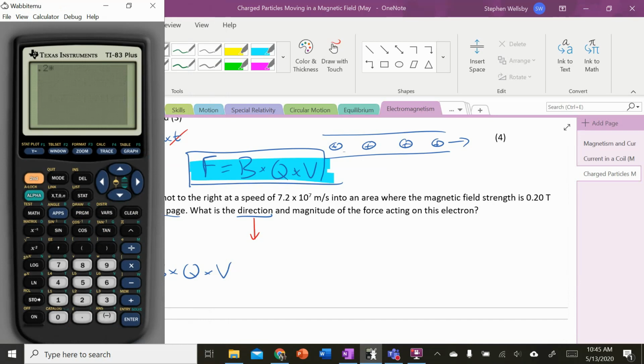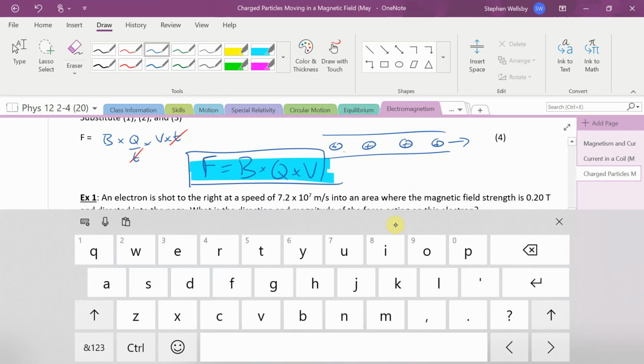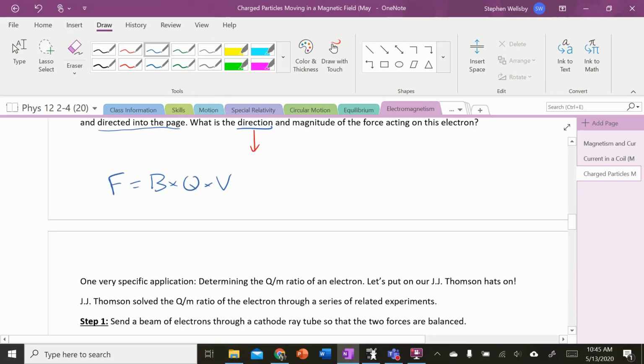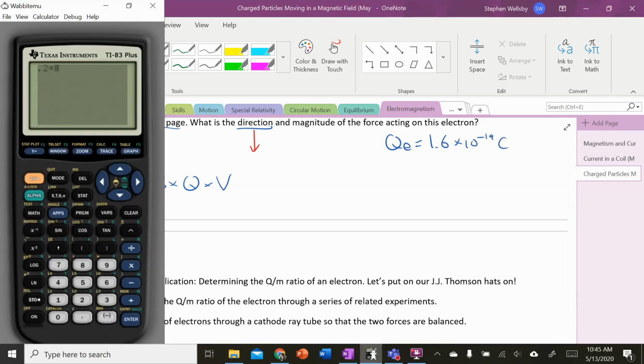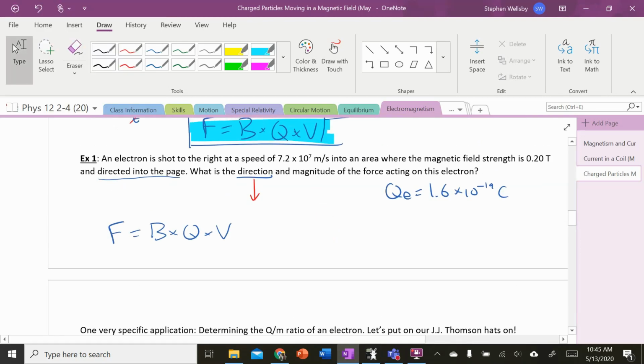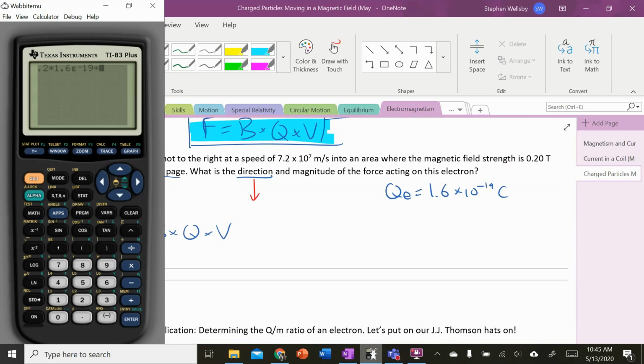If you've forgotten, the charge on an electron is Q electron equals 1.6 times 10 to the negative 19 coulombs. So times 1.6 times 10 to the negative 19. And I'm going to multiply that by V, and the V was 7.2 times 10 to the 7 meters per second.